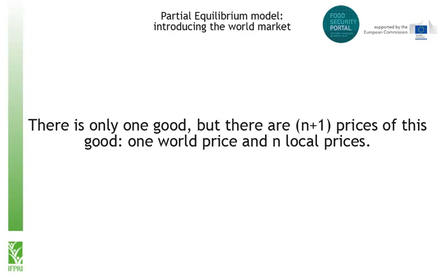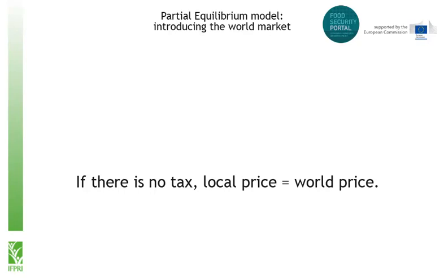So what is the linkage between, in fact, local prices and the world price? So if there is a difference, it may come from transportation costs. So until now, we do not suppose any transportation costs. So if there is a difference between local price and world price, it may come from a tax. So if there is no tax, the local price is equal to the world price.